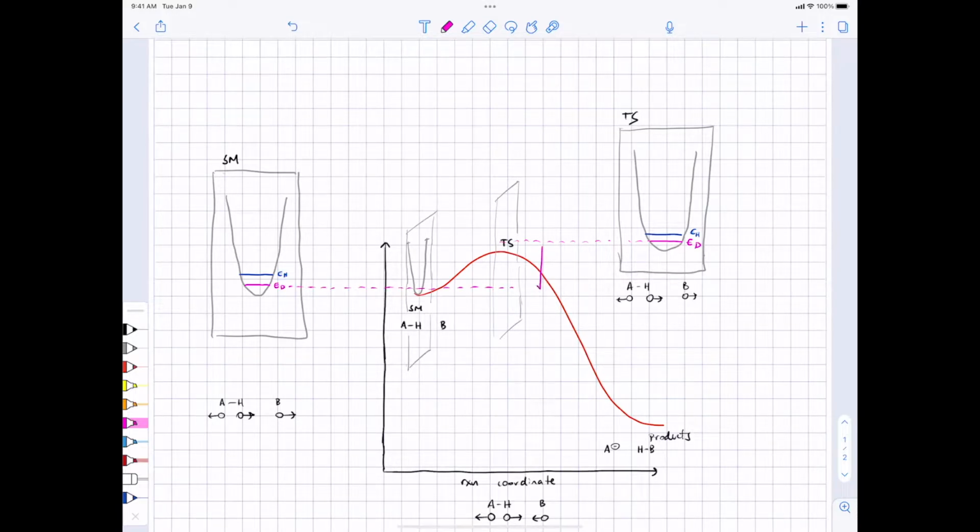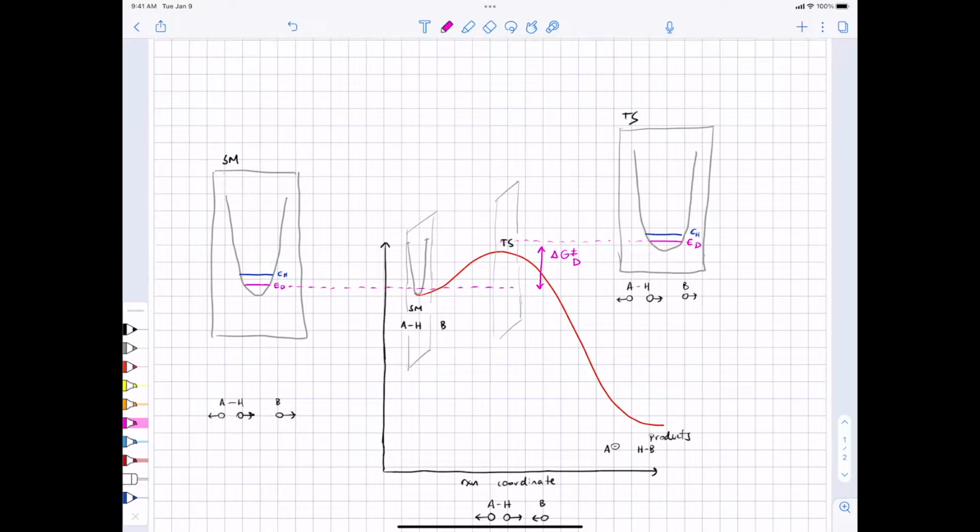And we'll measure this energy difference, and this is activation energy. We'll call this activation energy for deuterium.